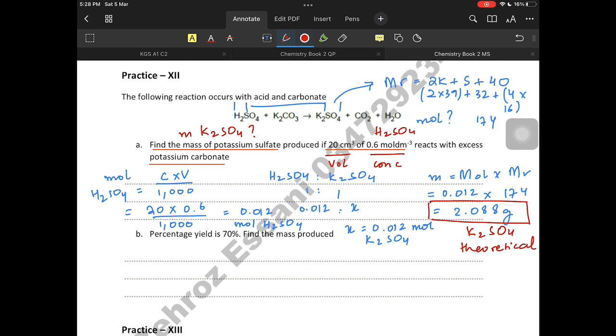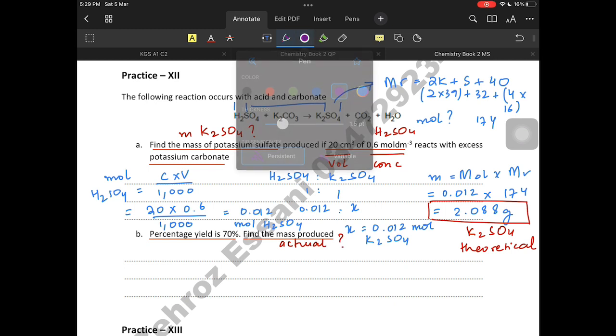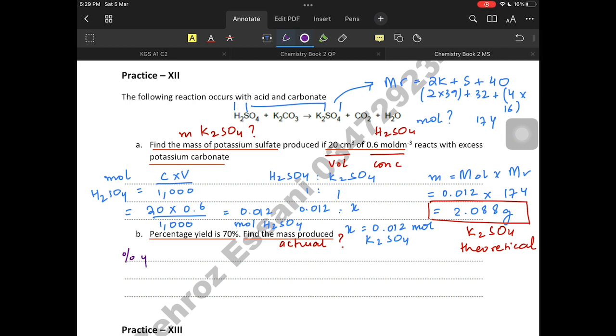The question in part B says the percentage yield is 70%, they've already given it to us, but find the mass actually produced. So the actual mass is unknown, but the percentage of achievement is 70%. So percentage yield is equal to actual divided by theoretical times 100. Now we don't have the actual amount, but we know that the percentage yield is 70%.